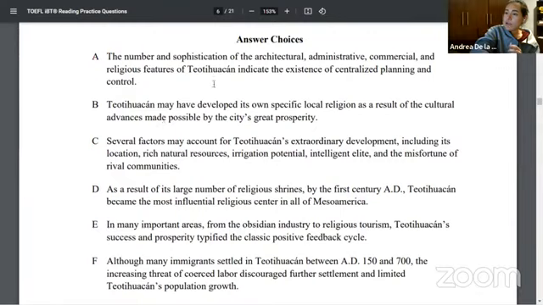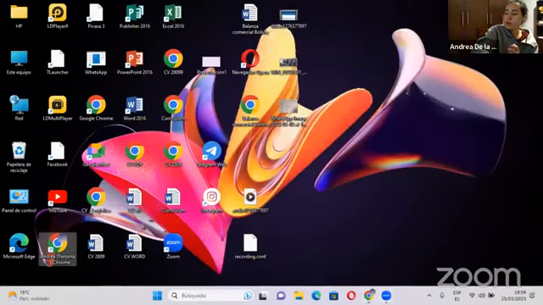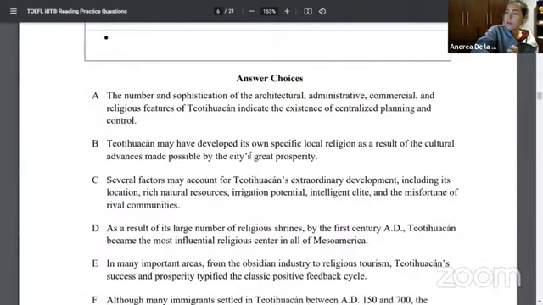So for example, if we look at option E, in many important areas, from the obsidian industry to religious tourism, Teotihuacan's success and prosperity typify the positive feedback cycle. I don't know if you guys remember, but that was mentioned in the conclusion, in the last paragraph, right?